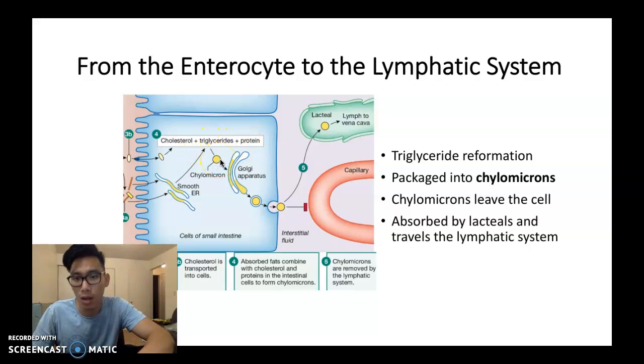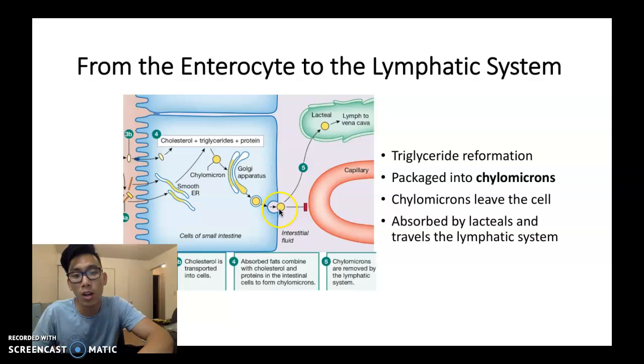These chylomicrons will go through the Golgi apparatus, and the Golgi apparatus will package chylomicrons into little secretory vesicles where they get exocytosed. So chylomicrons are exocytosed.